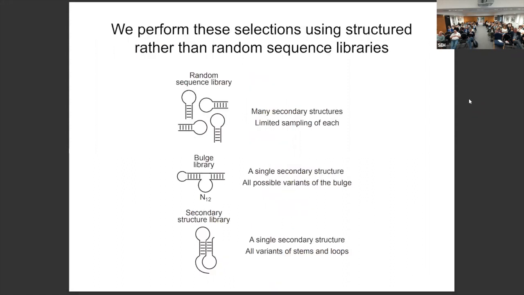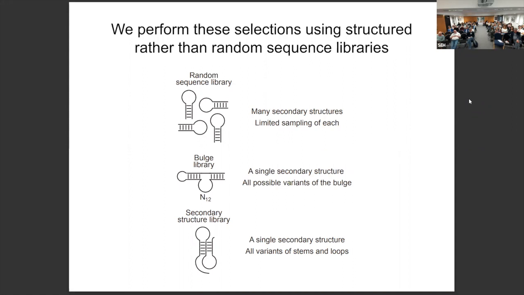And because we're worried about the functional potential of these libraries, we've also been exploring new ways to make them. In the standard form of artificial evolution, the library is a random sequence. This kind of library contains many, many different secondary structures, but a very limited sampling of each one. In some cases, you can even imagine a secondary structure represented by a single sequence in the library.